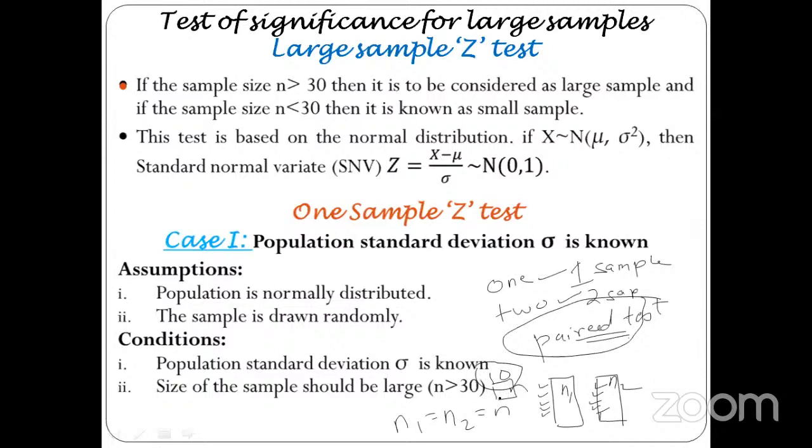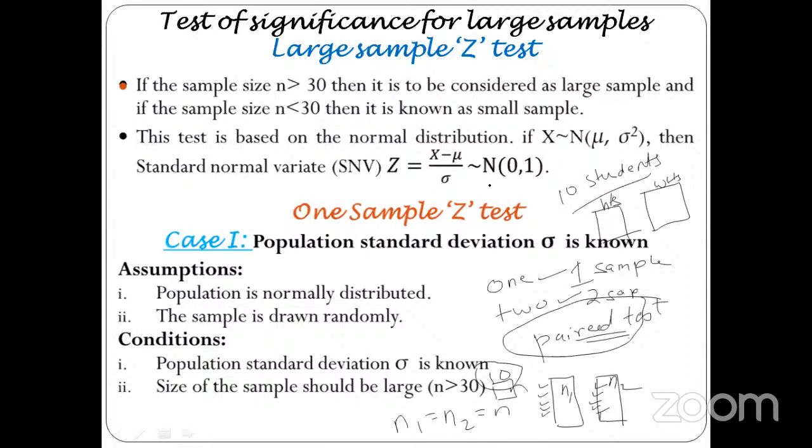For example, say we take the same 10 students, the same class. Here we are taking a sample for their heights, and here we are taking a sample for weights.